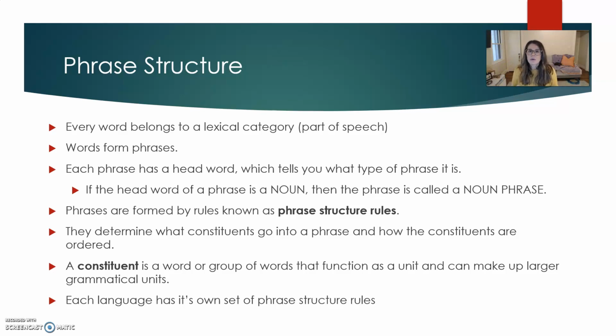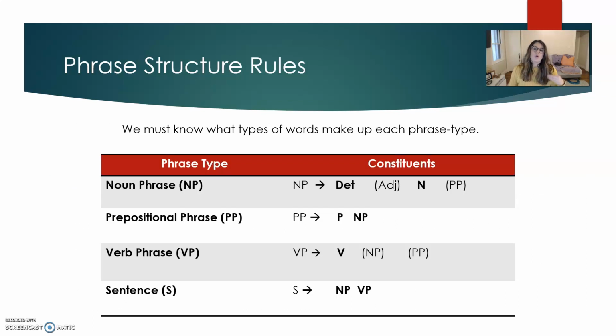And each language has its own phrase structure rules that are going to be different, okay? So we have to understand those parts of speech in order to understand these phrase structure rules. So we're going to be using these different types of phrases or sentences, and I'll walk you through what exactly this means, okay? So we're looking at formulas and what constituents or components we need to create a phrase.